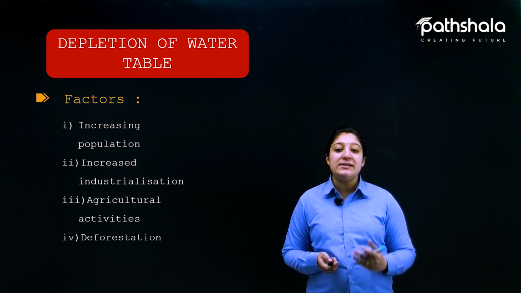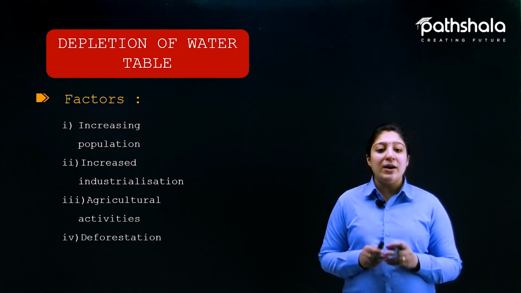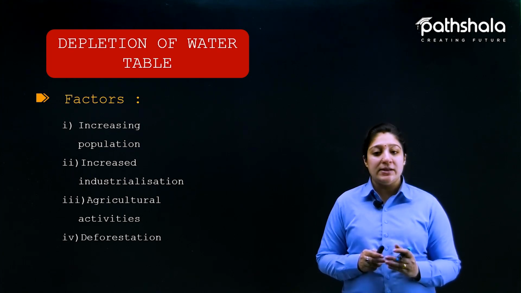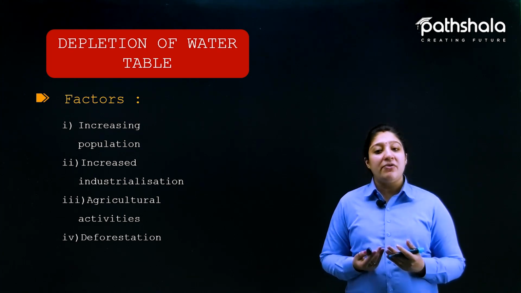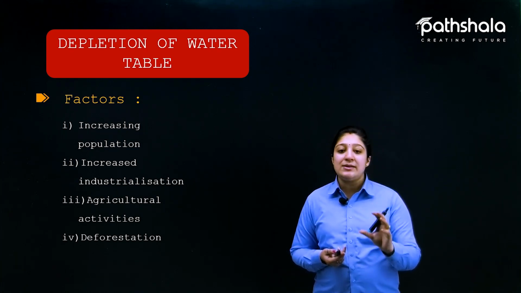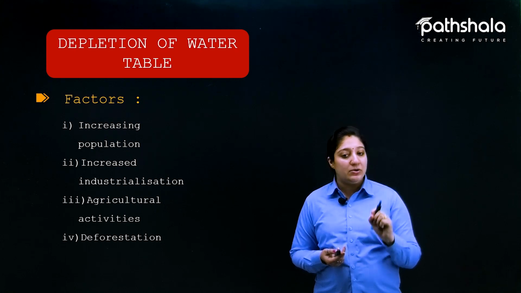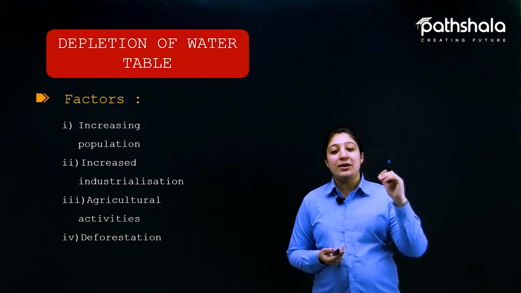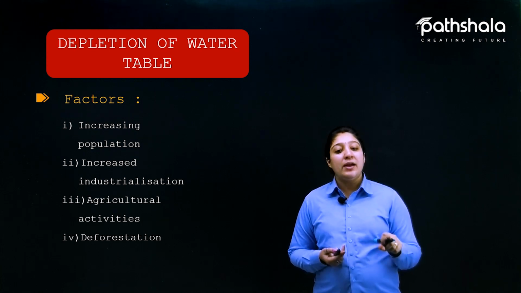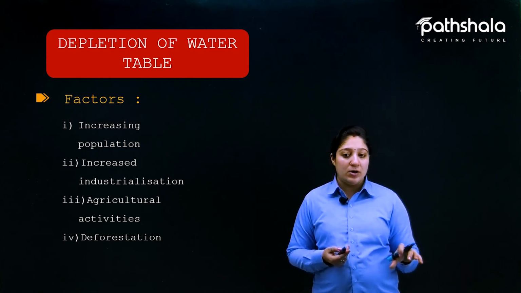The last factor is deforestation. What is deforestation? It is the cutting of trees. When there is cutting of trees, what happens? Trees absorb the water into the soil, so that the water can easily seep into the soil, go down, and recharge the water table.